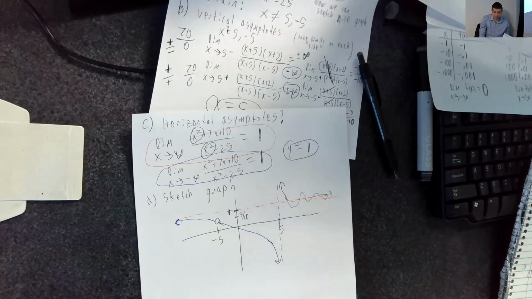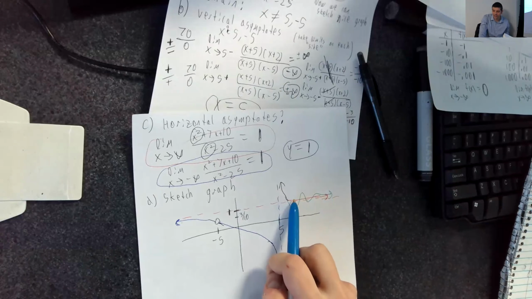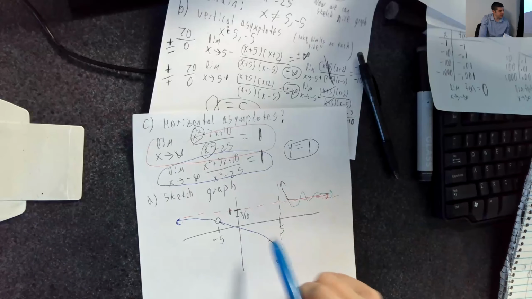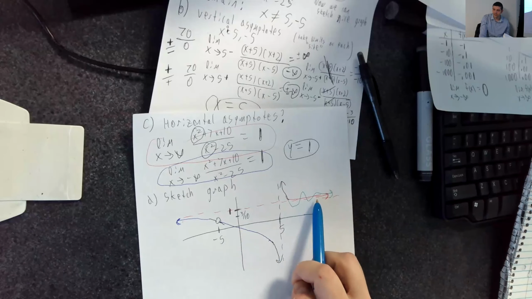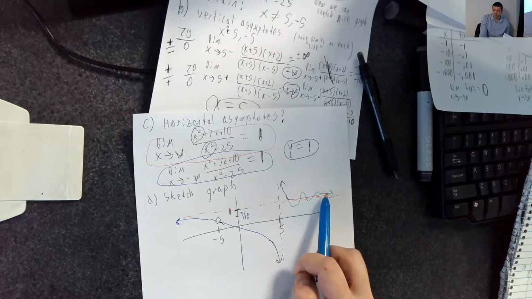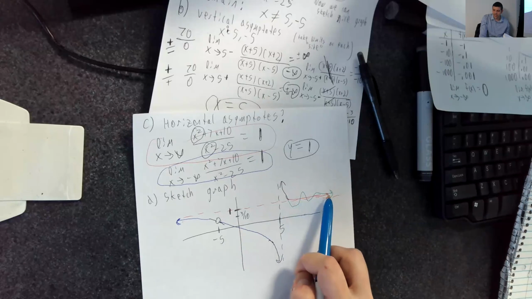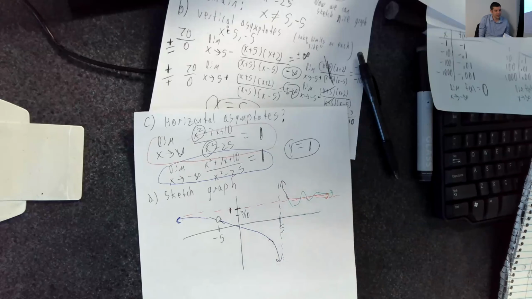You're right, I made it not cross just because I kind of cheated. But any sketch like this based on what you knew would be fine. The horizontal asymptote is still at 1, because as x goes really large, the y values go towards 1. That's a good question.